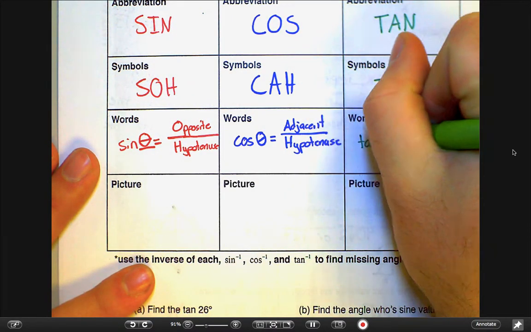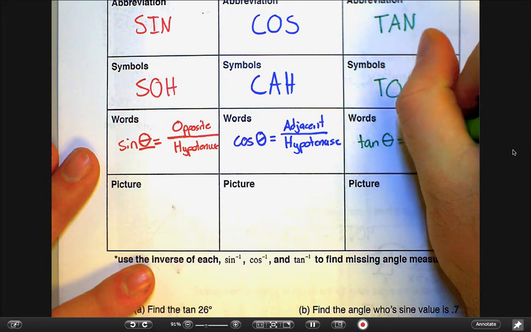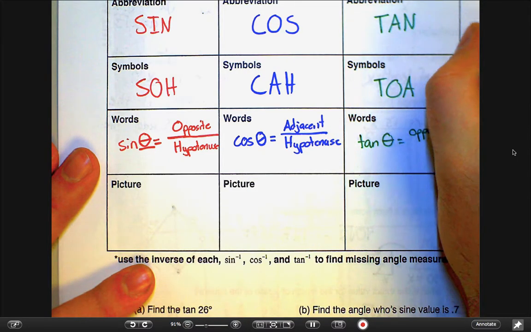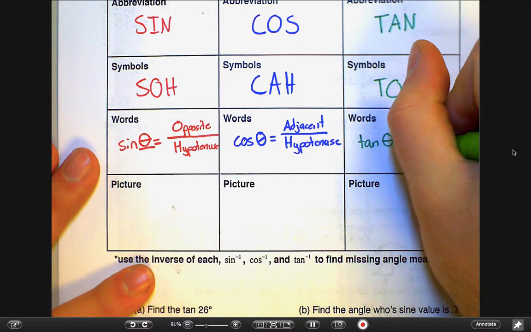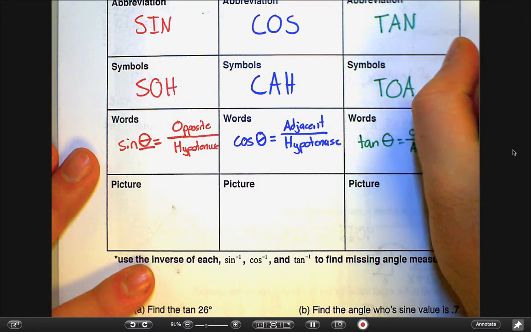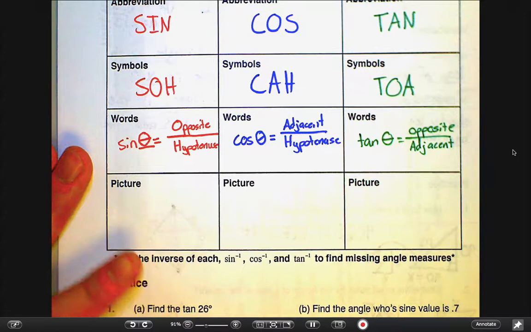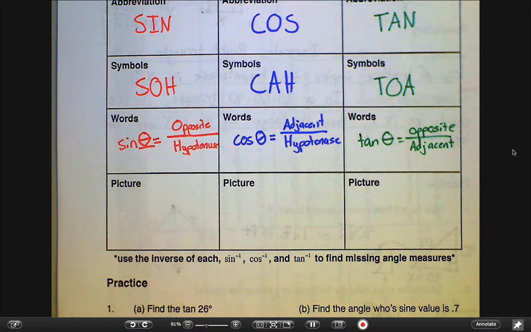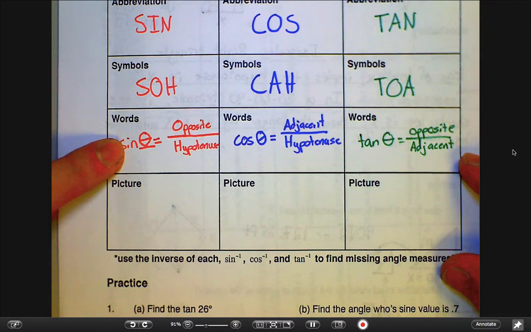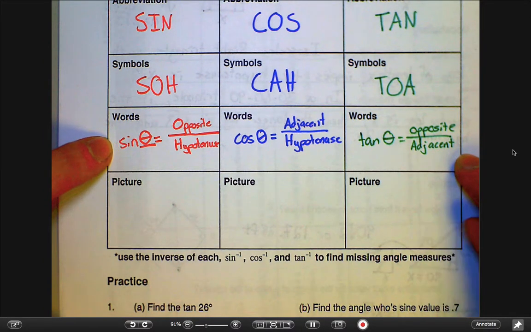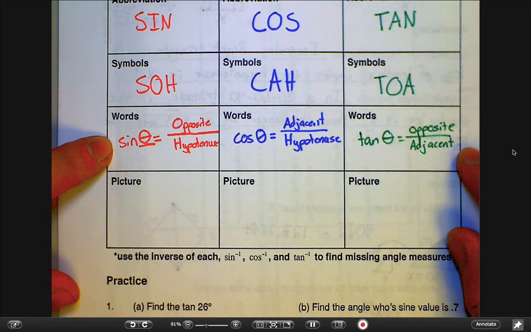So tangent of theta is going to equal the opposite over the adjacent. We got opposite and we got adjacent. If you know this line, you will know basically how to do everything in this section. This line itself is the really important one.